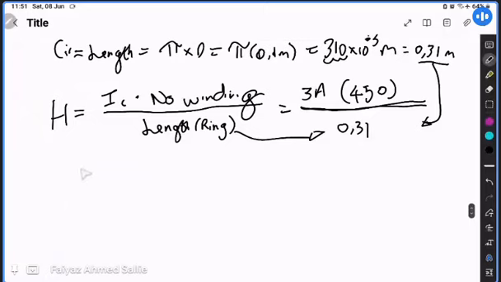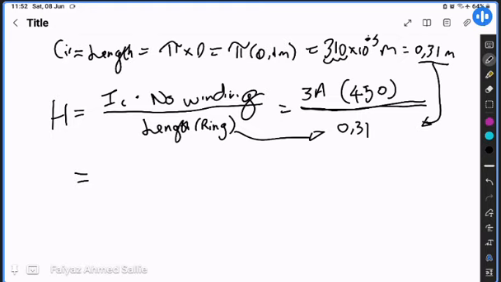So continuing with the field strength, if I punch it in my calculator, I'll get an answer of... apparently my calculator is not working. Let me use the one on my cell phone. So we have 3 times 450 divided by 0.31.